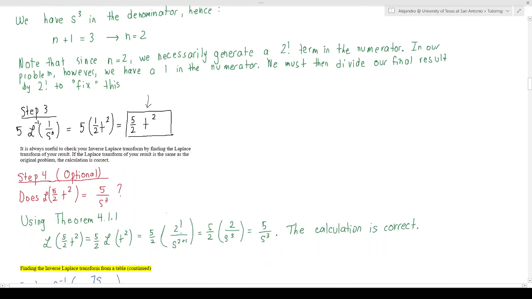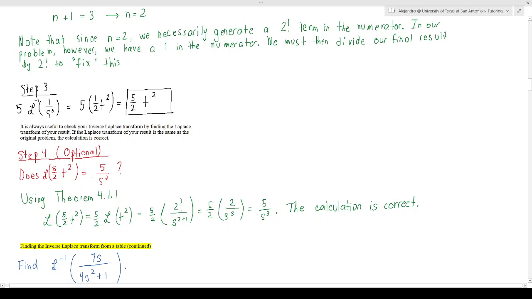Solving inverse Laplace transforms is a little bit weird, because typically you understand the Laplace transform best in the forward direction.